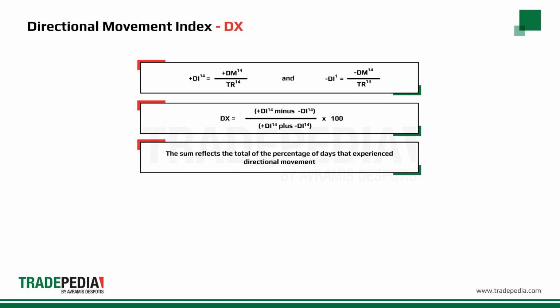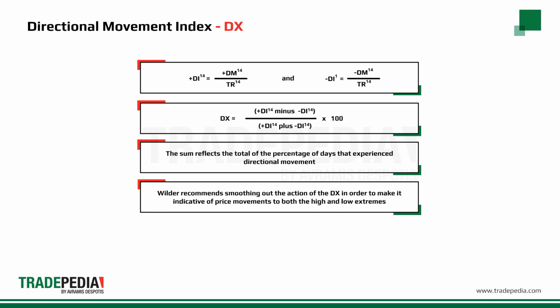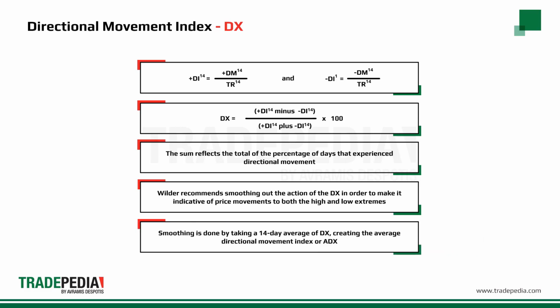The sum reflects the total of the percentage of days that experienced directional movement. Wilder recommends smoothing out the action of the DX in order to make it indicative of price movements to both the high and low extremes. Smoothing is done by taking a 14-day average of DX, creating the Average Directional Movement Index, or ADX.